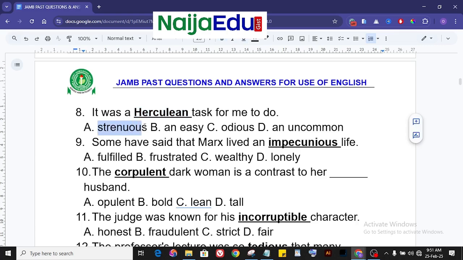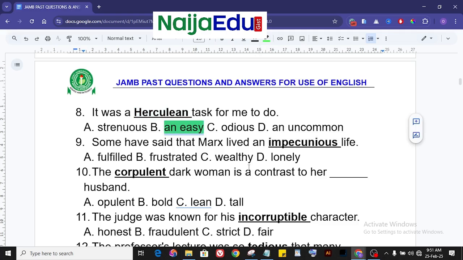Strenuous is also something that is very difficult. That's the meaning of strenuous. And an easy task is of course something easy, so it is opposite in meaning to Herculean. So the correct answer to this is an easy task.